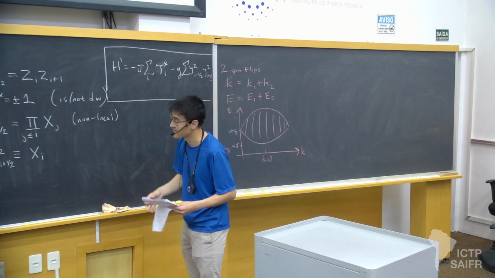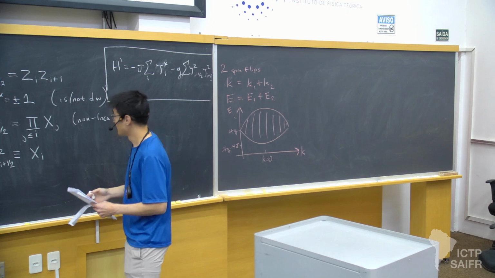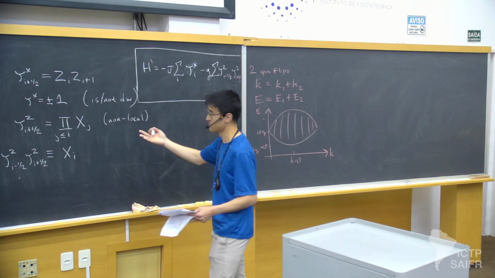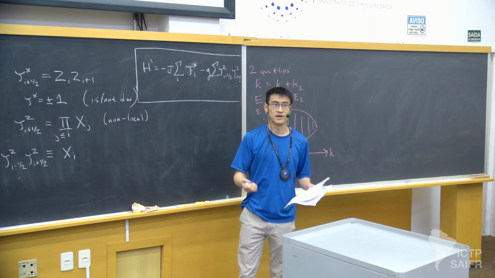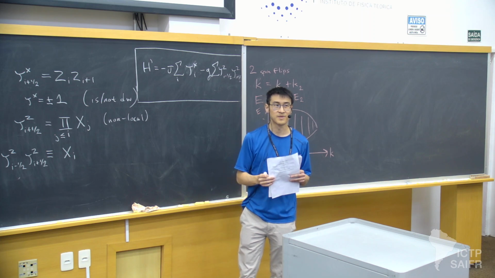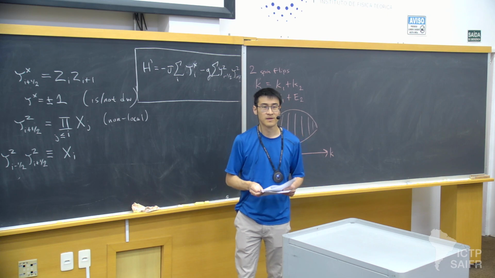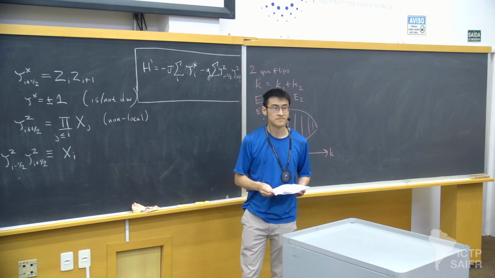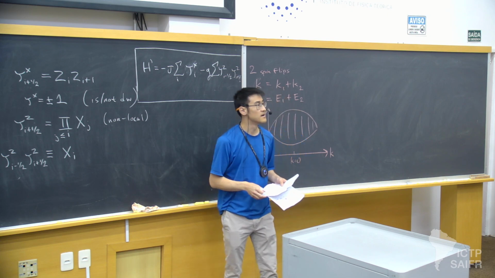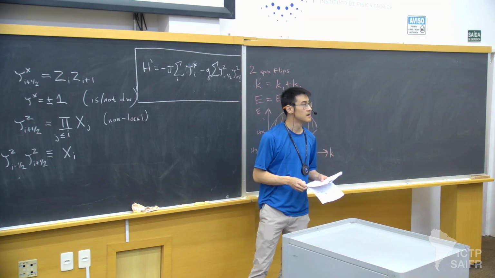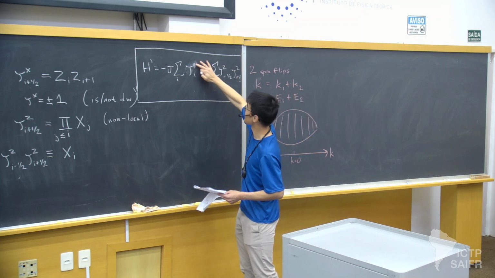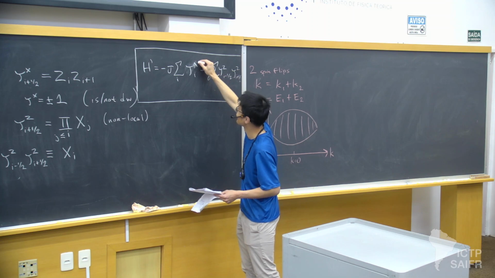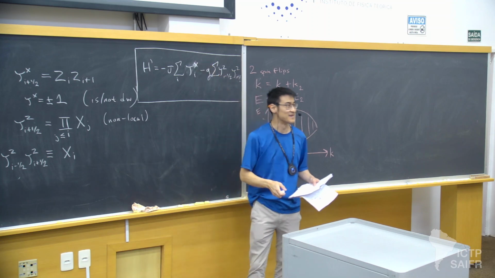So one subtlety is that these tau variables are not all independent, right? Can anyone tell me why they're not independent? Oh, sorry, this is X. Sorry, my handwriting is pretty messy.